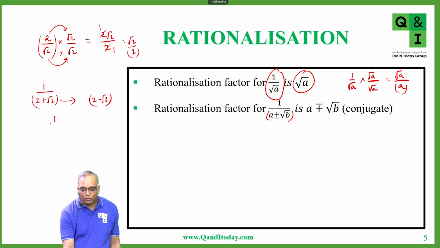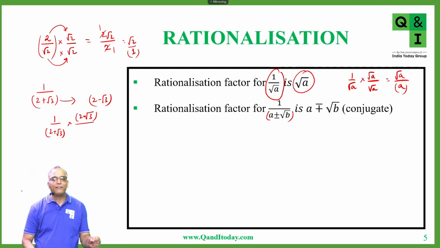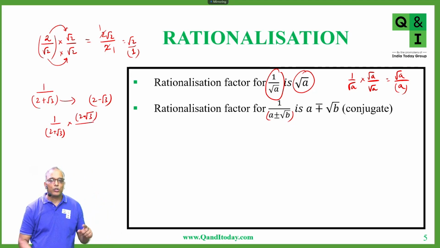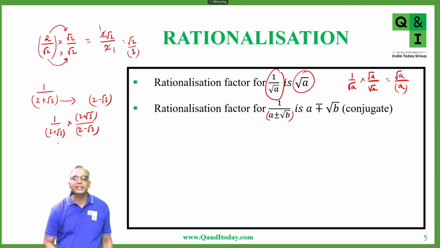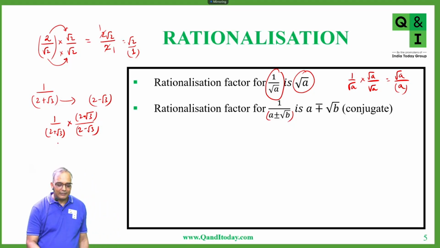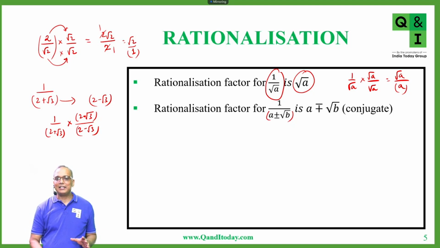So we'll multiply both numerator and denominator by the conjugate of the irrational number which is there in the denominator. In the denominator we have 2 plus root 3, so the conjugate of that is 2 minus root 3, and we will multiply both numerator and denominator by 2 minus root 3. Is it clear? Do you understand the meaning of conjugate of an irrational number?